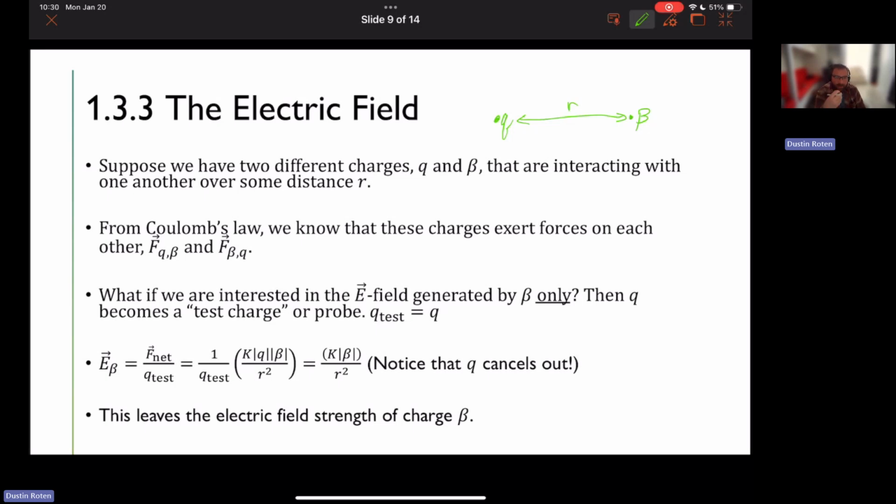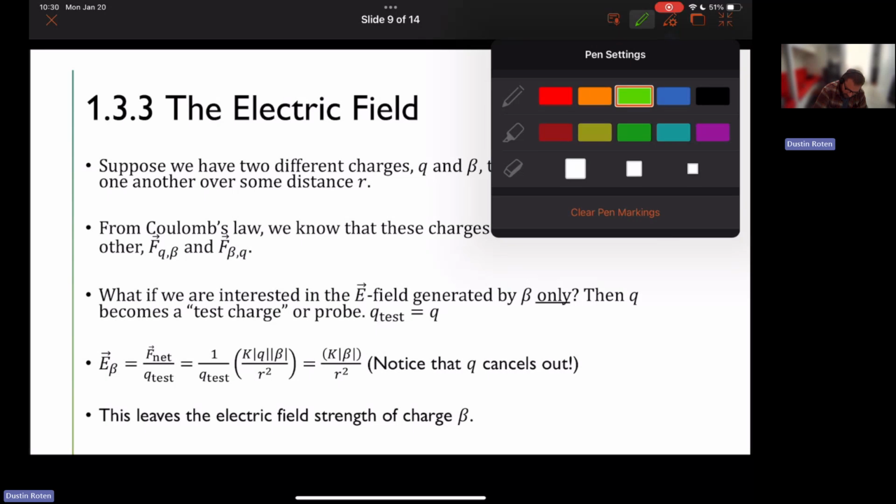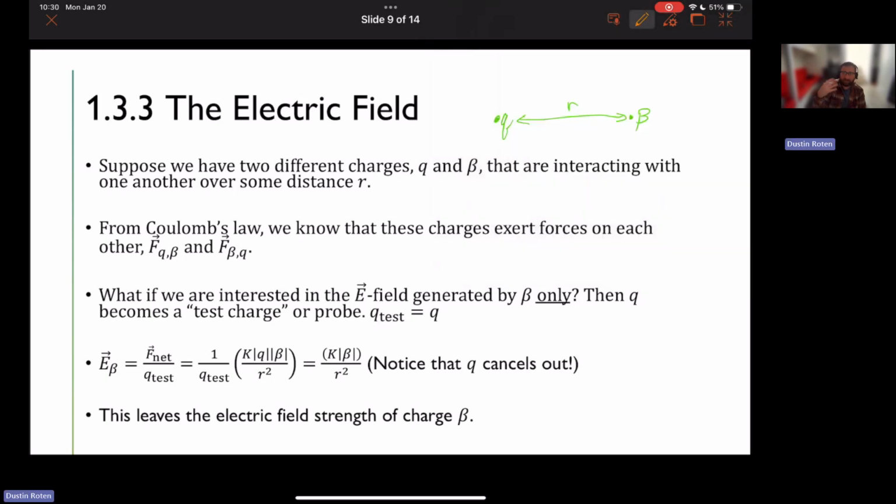So from Coulomb's law, we know that these charges exert forces on each other. I've been calling them positive. I'll just keep calling them positive charges. It's probably a bad habit. We need some examples with negative charges at some point. But if this is Q and it's positive, and beta is also positive, that means Q is pushing beta this direction.